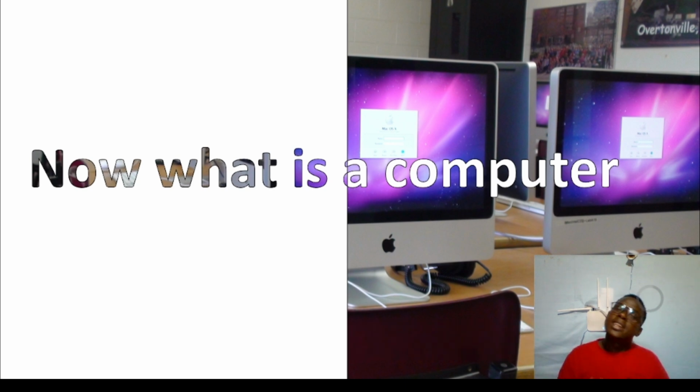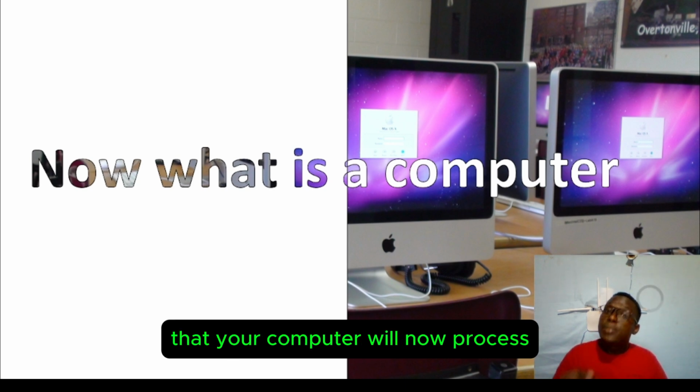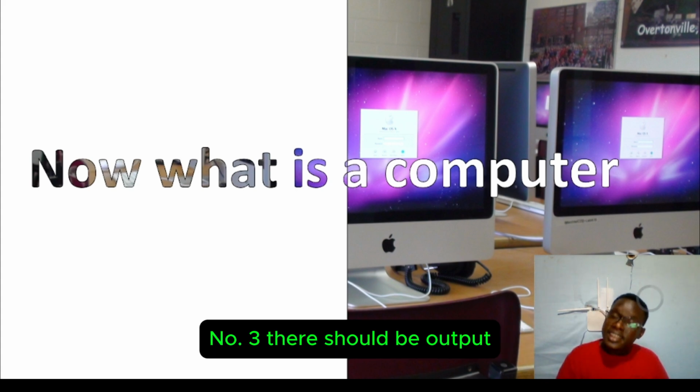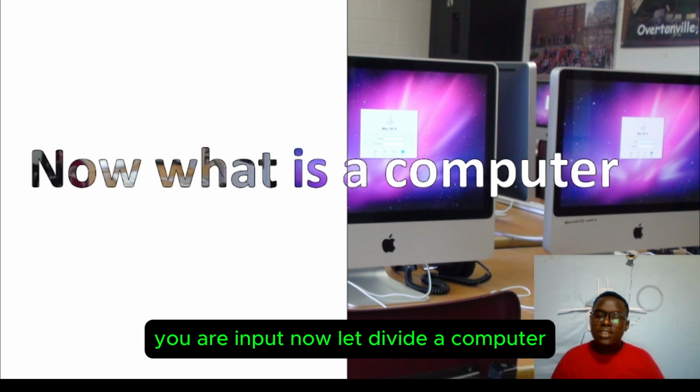Number two, there must be input that your computer will process. Number three, there should be output you will get after the computer processes your input. Now let's define a computer.